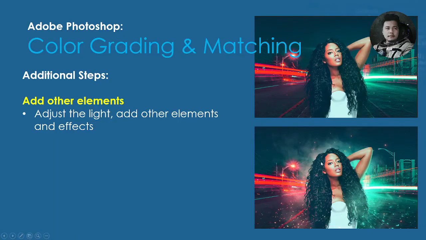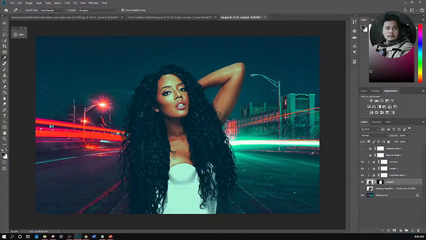So let's do that. But before anything else, let me point out one thing. Notice that we based our color from the color on the left side. However, as you can see, there are red parts on this side. So to make it look more realistic, we want to reflect these red lights on our subject's body. Okay? So we're going to do the same thing we did a while ago.